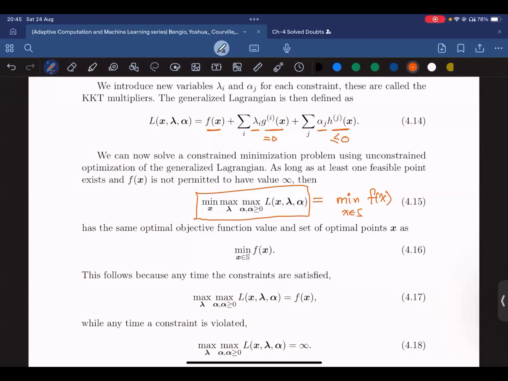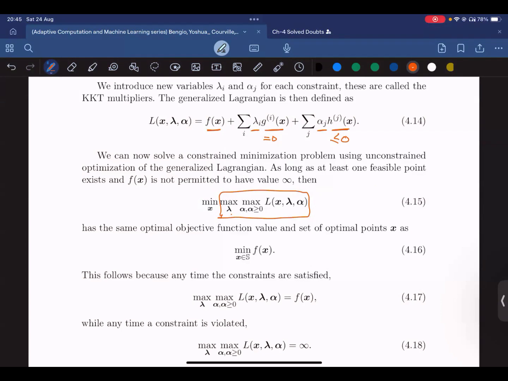Why is this the case? Because you can see these both are maximum values. Over all possible alpha and lambda, we are trying to get the maximum possible value.